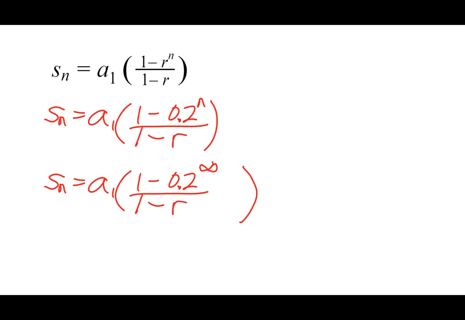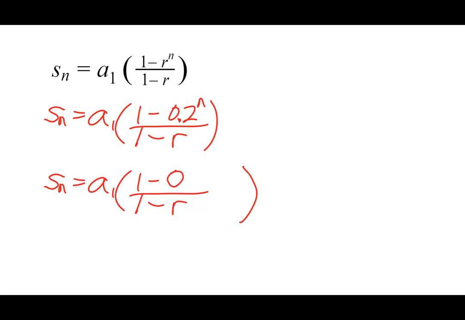For the calculator, I guess we'll choose a big number for infinity, like 10,000. If you have 0.2 to the 10,000 power in the calculator, it becomes pretty much 0. Just try that in a calculator. Any number smaller than 1 to the infinity power will become 0.